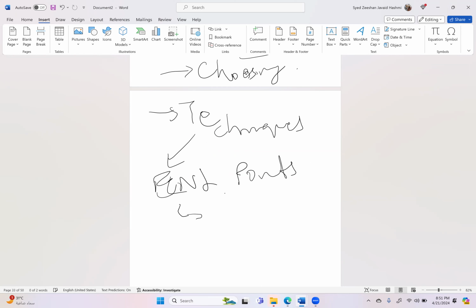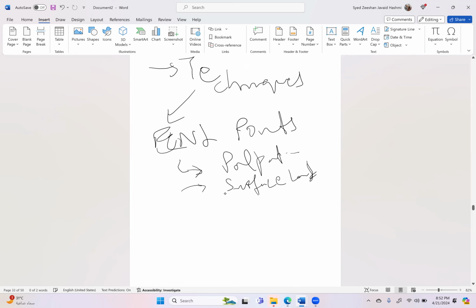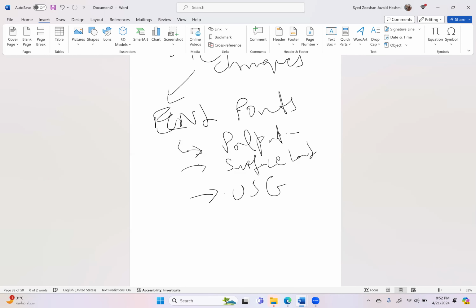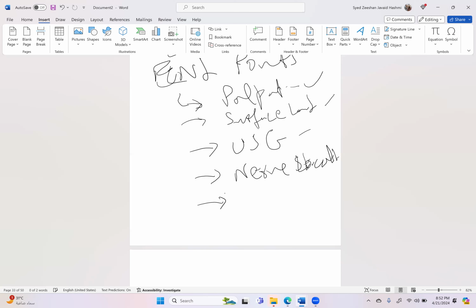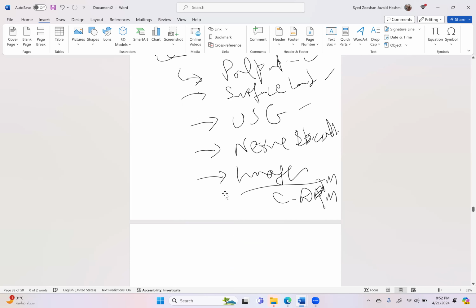Maybe you are using it only by palpation and surface landmarks, or you are using ultrasound, or you are combining palpation, surface landmarks, and ultrasound, and even the nerve locator, and also the image intensifier, the C-arm. These are the various techniques by which you give blocks.